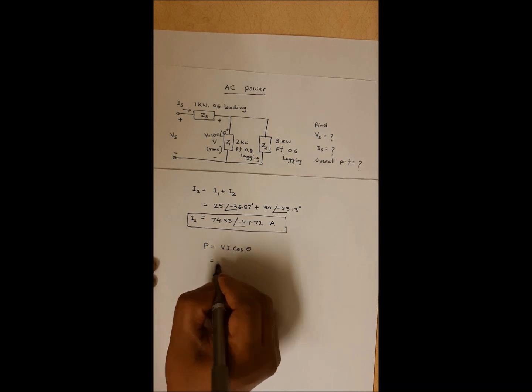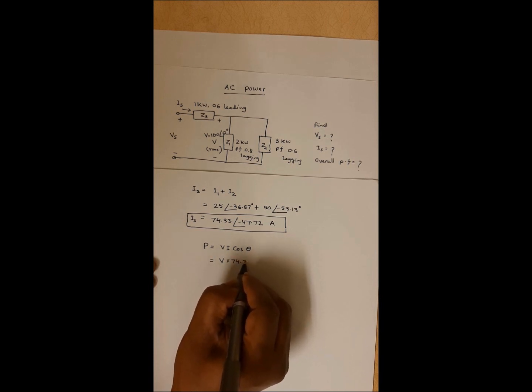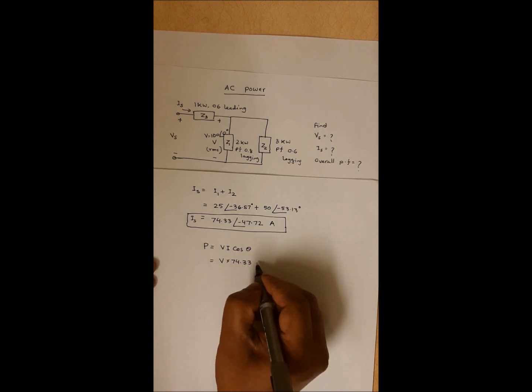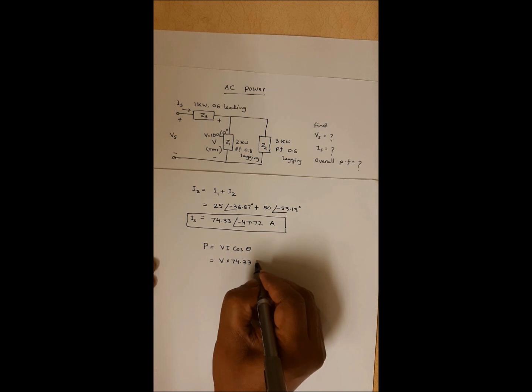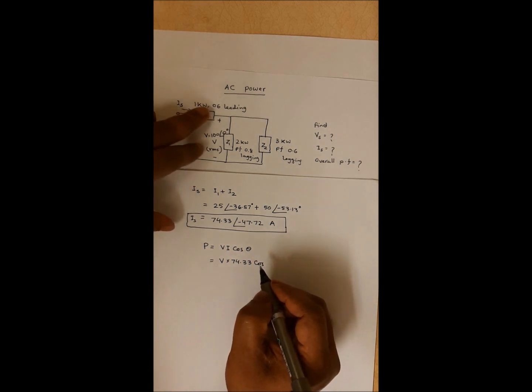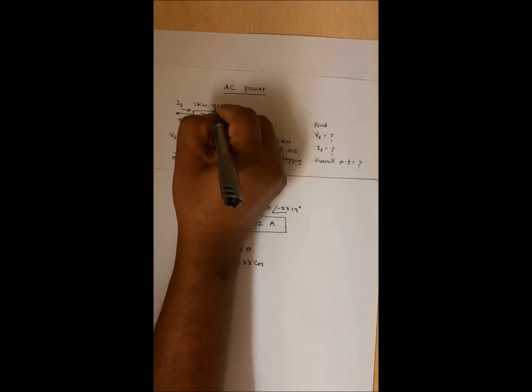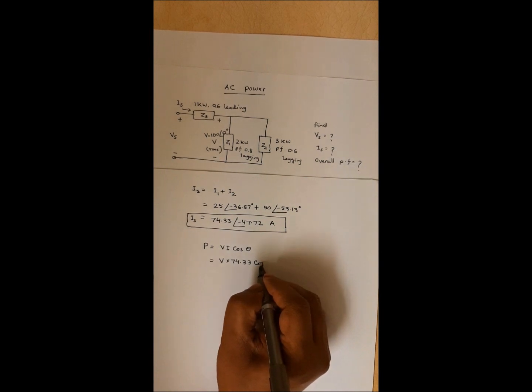Here we don't know the V. I is 74.33, and the cosine of the angle here is 0.6. So cosine theta equals 0.6.